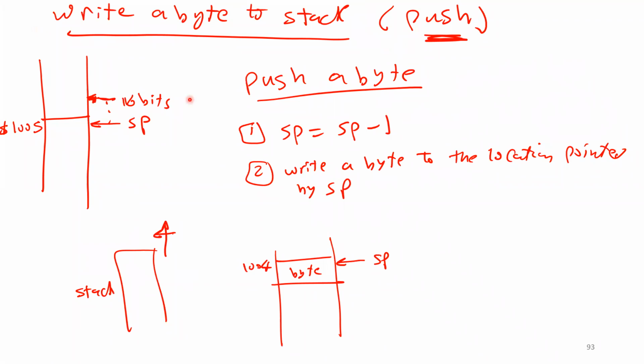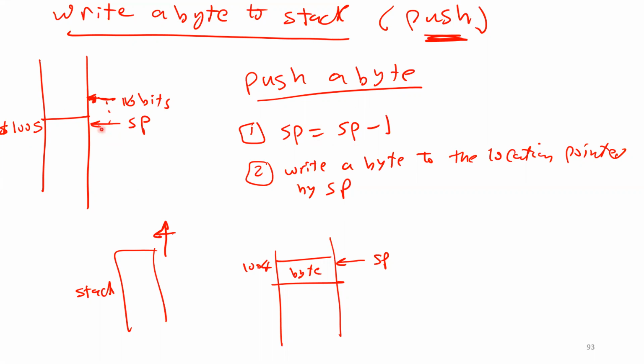Push means write. So I'm explaining here how it works, how the hardware will handle it. We have an instruction called push. Push register A means I want to store the value of register A in the stack. So how is this instruction executed? It should be executed this way.